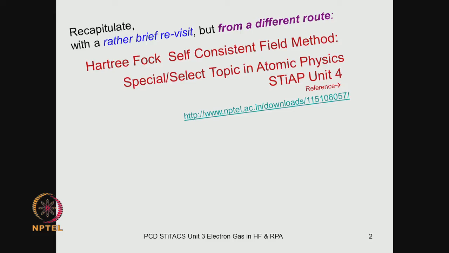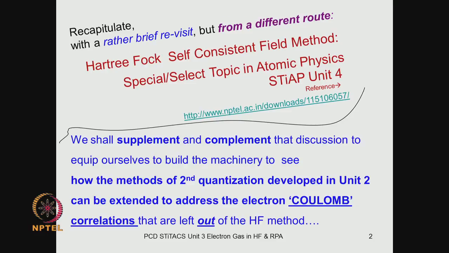Now, I will invite you to go through the contents of the set of lectures on the Hartree-Fock in the previous course on special topics in atomic physics. These lectures are available on the internet already, and what we will do is to use the methods of second quantization which we developed in the previous unit, in unit 2 of this course.